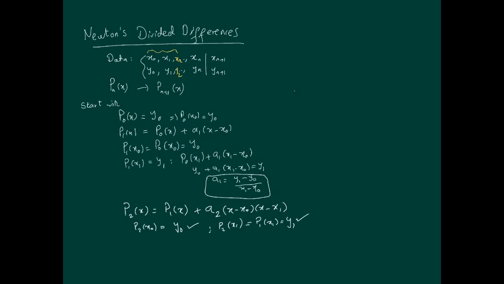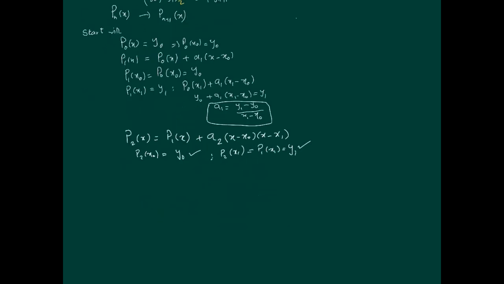So that leaves our last bit, which is the situation where P2 of x2, in fact. P2 of x2 works out to be equal to P1 of x2 plus a2 into x2 minus x0 into x2 minus x1.